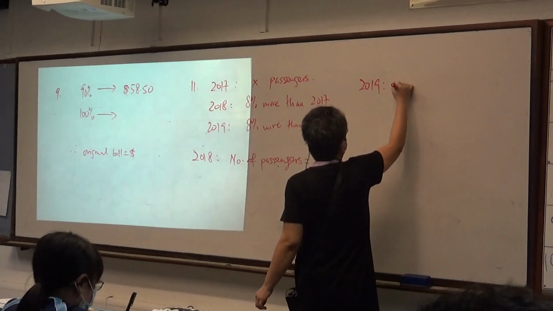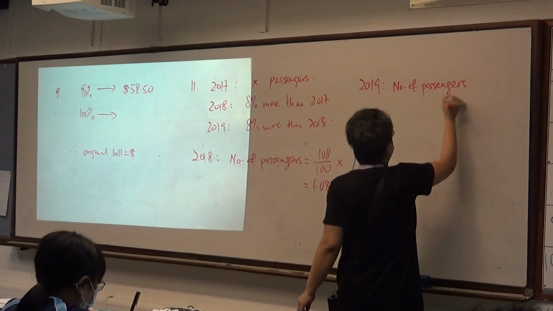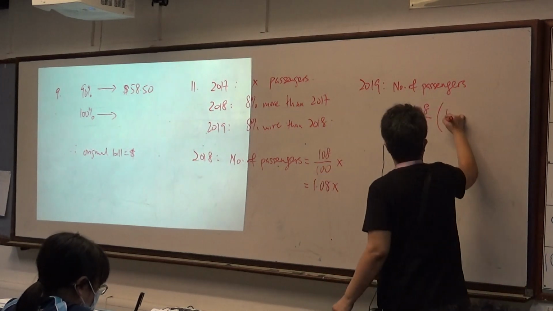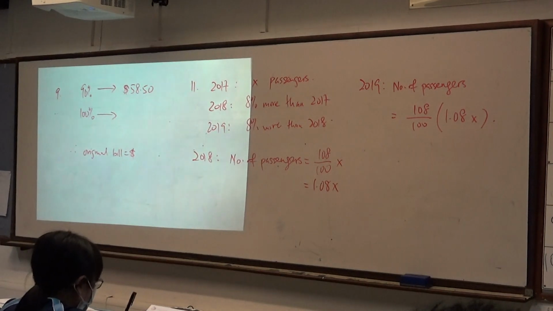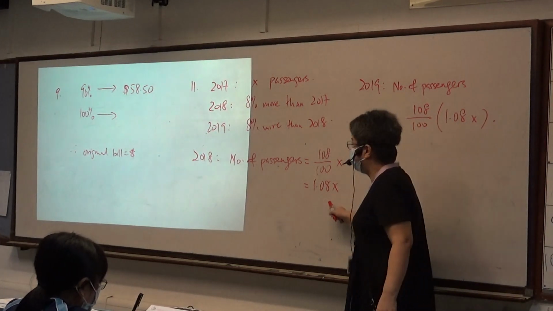2019. Number of passengers is again 108%, but it must be 1.08 X, right? Correct. Do you know why I put this in? Because this is the 2019 one, 2018 one.